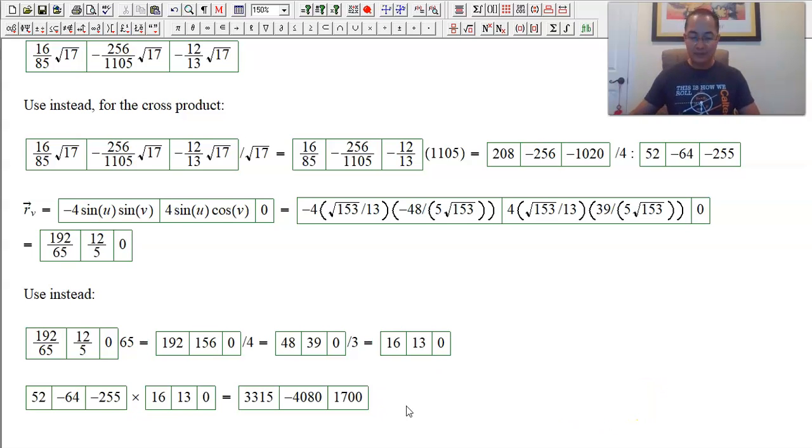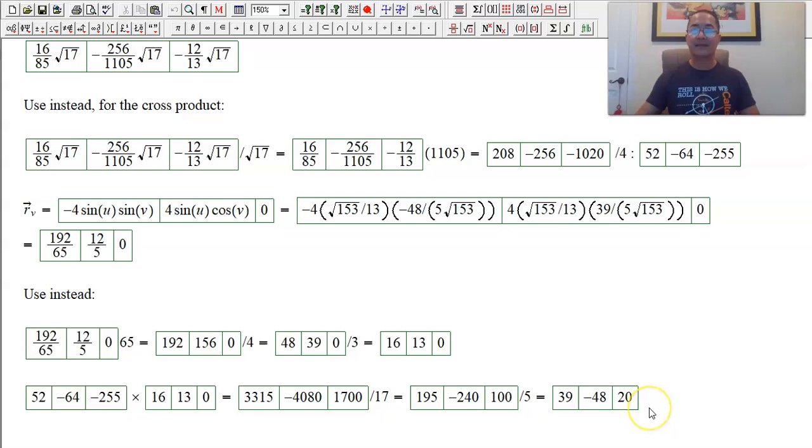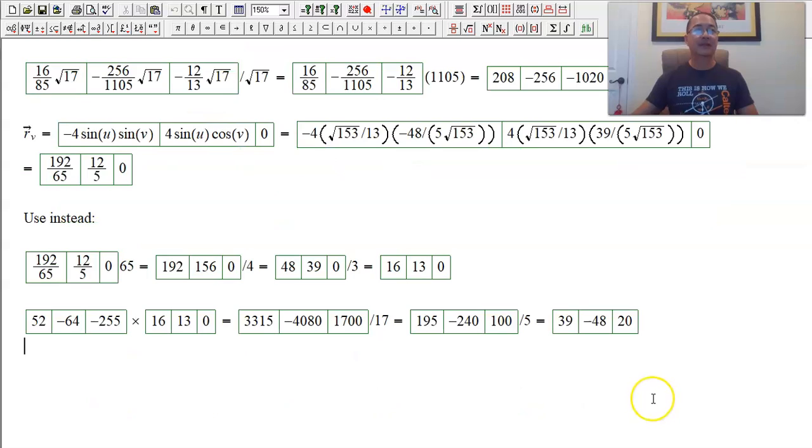5s and 17s. So divided by 17, and we get this, divided by 5, and we get this. Okay, 39, and anything else there? No, 13 times 3, no. That's about it. Okay, so that is our normal vector.